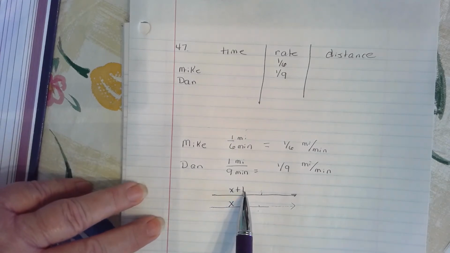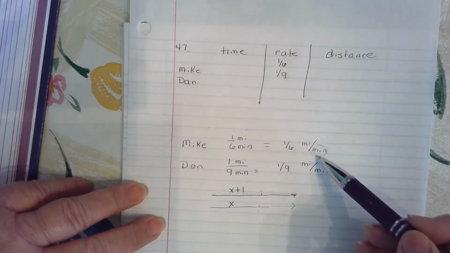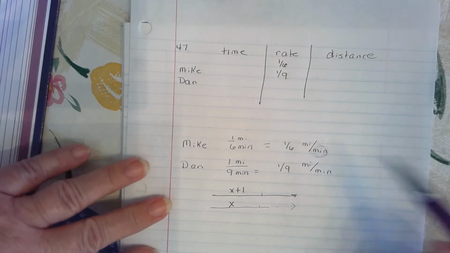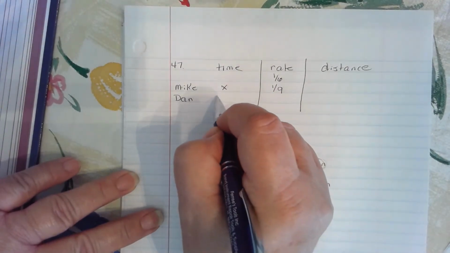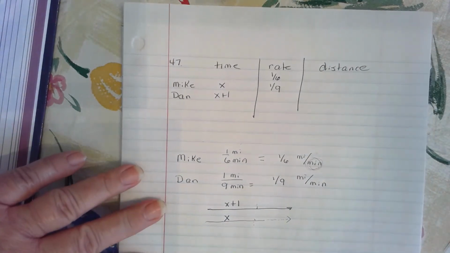Now in the last problem, I converted minutes to part of an hour. This time I'm not, and the reason is right here. My rate is given per minute, so my time needs to be measured in minutes. So I'm going to call Mike X and Dan X plus 1 because Dan ran a minute more than Mike did.